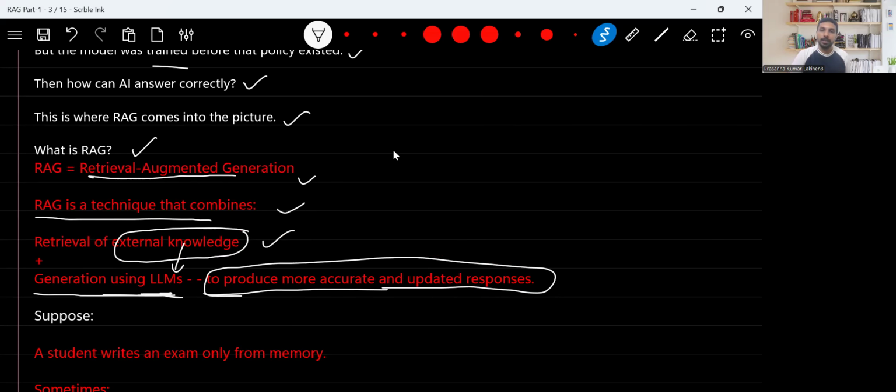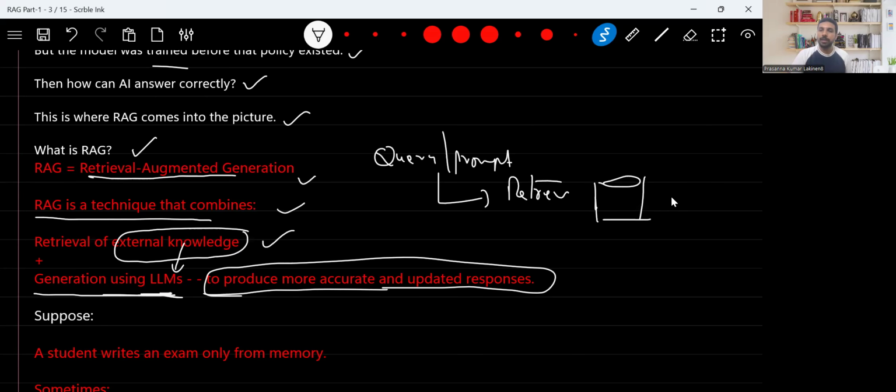Your user gives a query, which you can also call a prompt. According to the prompt, we retrieve information from external sources. This relevant information, according to the query, is combined with your prompt.